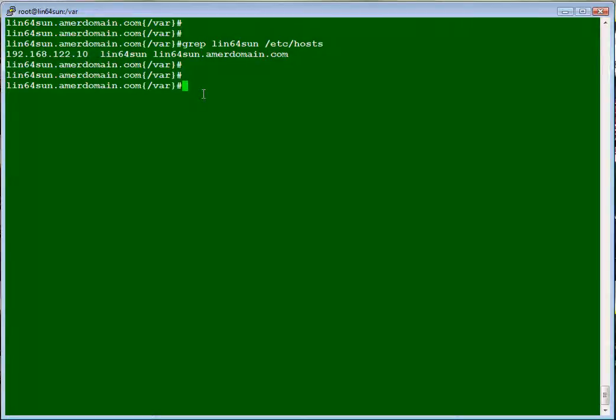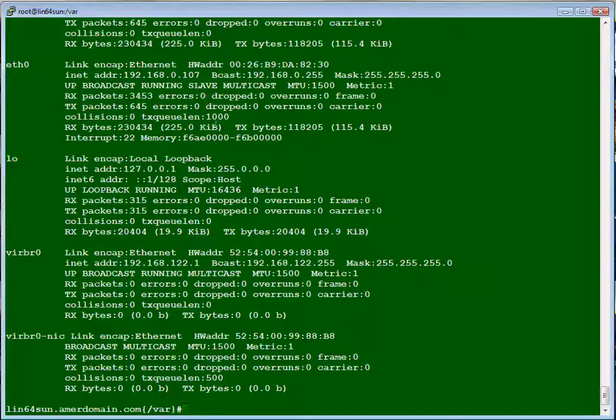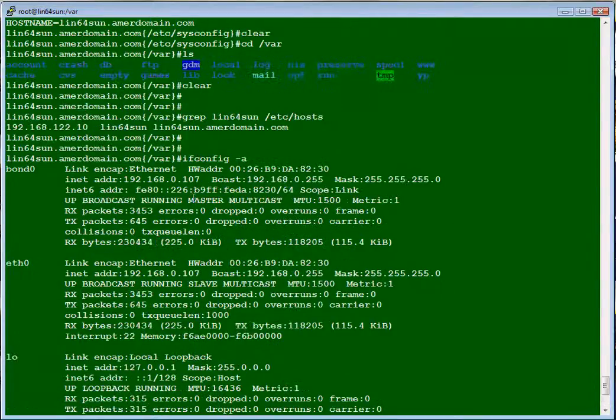You can check that IP by this command, ifconfig -a, where -a means all interfaces. It is showing so many IP addresses and everything configured. So you can see this is the IP of your machine.